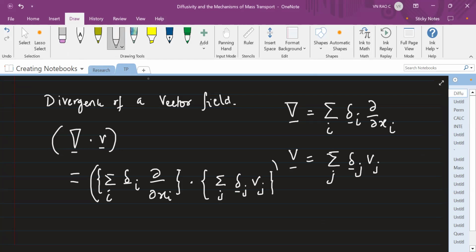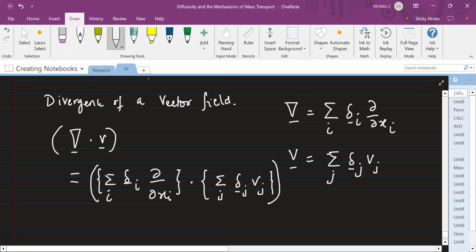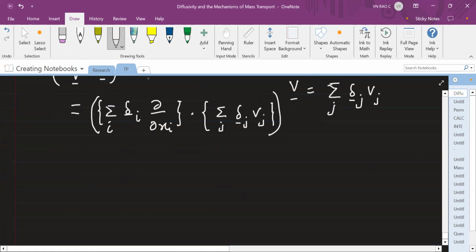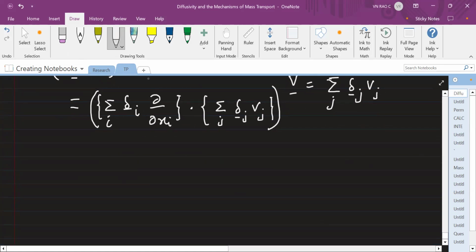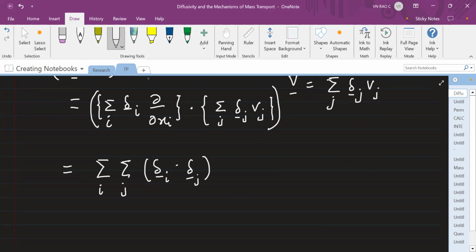This is the product by definition. Now it is a dot product, so we can write it this way: sigma i sigma j delta i dot delta j, and then you are left with dou by dou xi, vj.